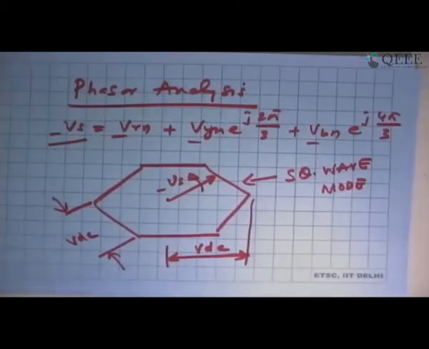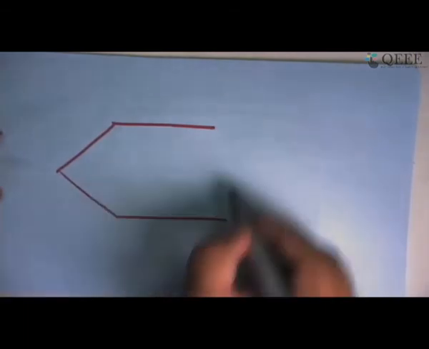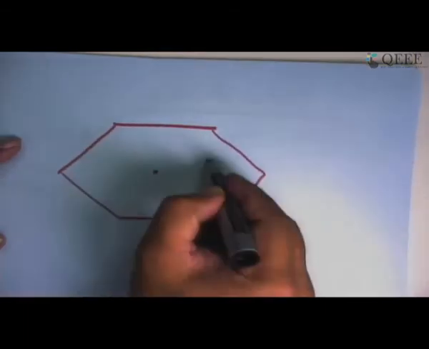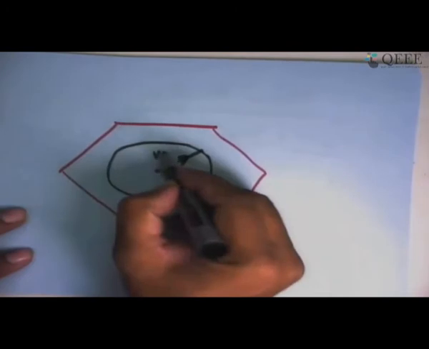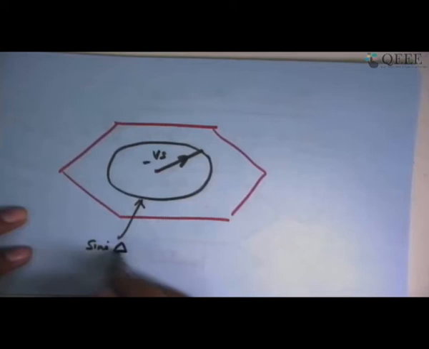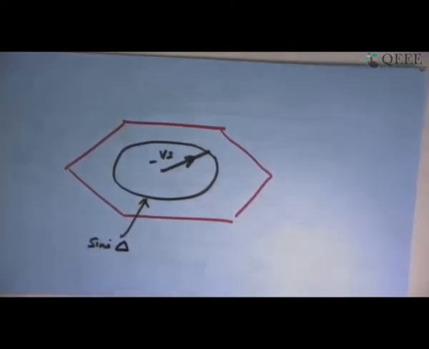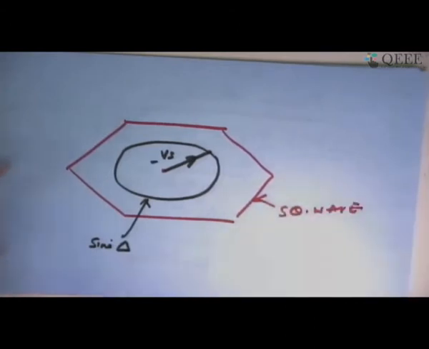So what is the trajectory of the resultant vector for a sine triangle PWM? We have seen that it is somewhere here. This is for sine triangle and this is for square wave.